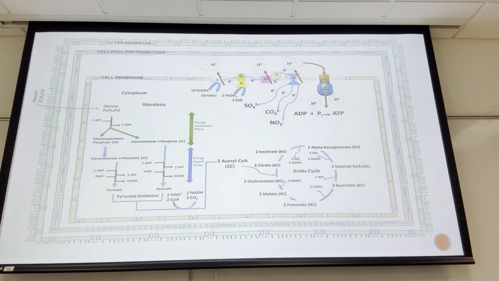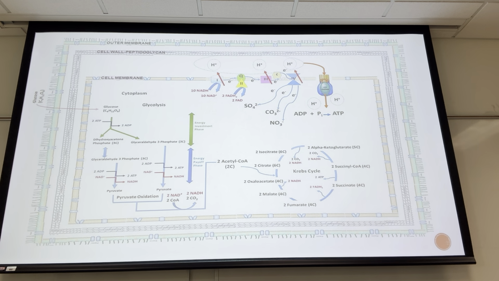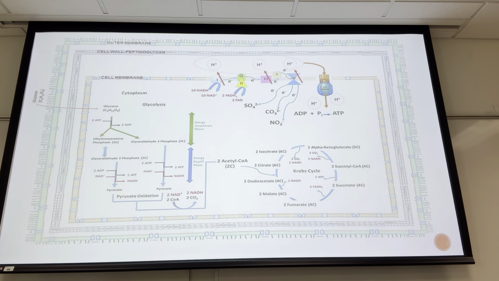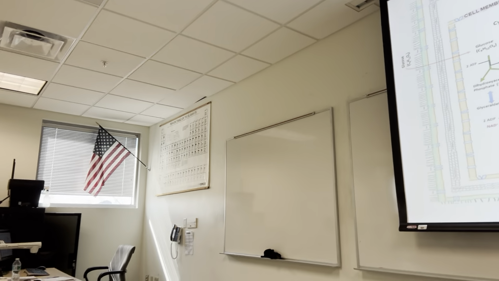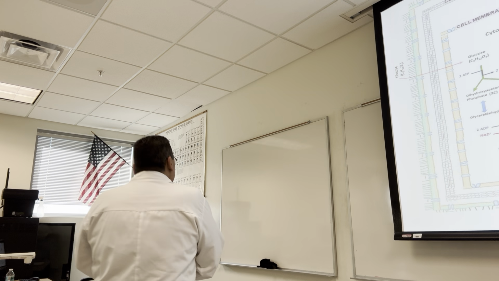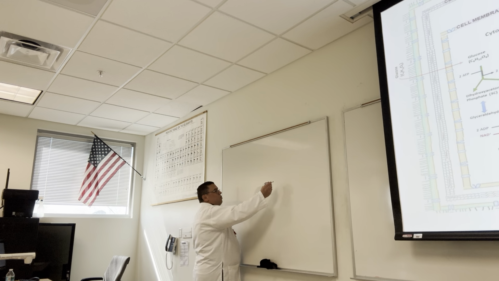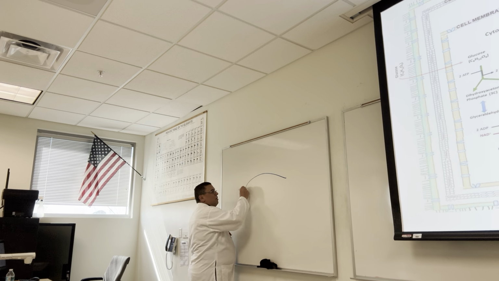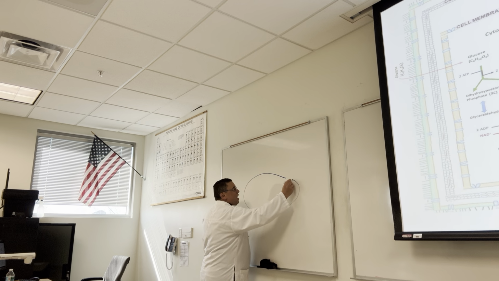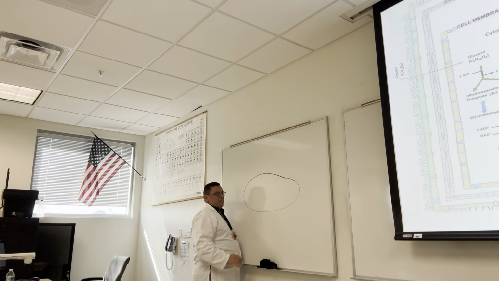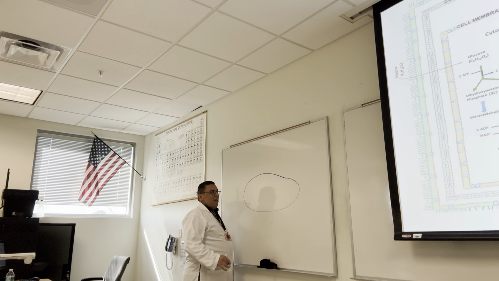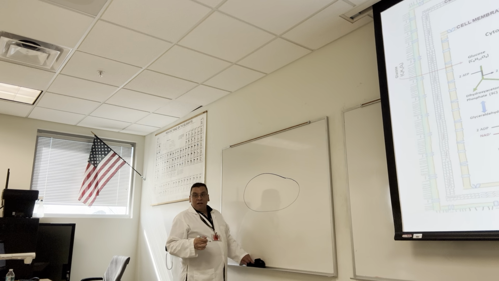Look over here. The mitochondria. Look over here, please. The mitochondria has how many membranes? 2 membranes. Here we go. I'm going to draw the mitochondria. I am not a very good artist, so forgive me. I'm going to draw the other membrane, okay?